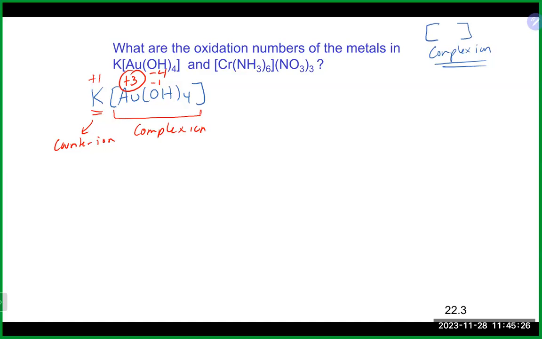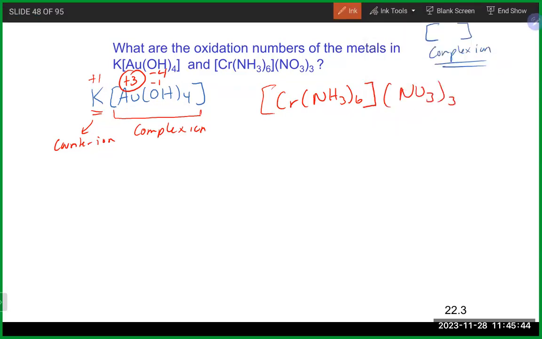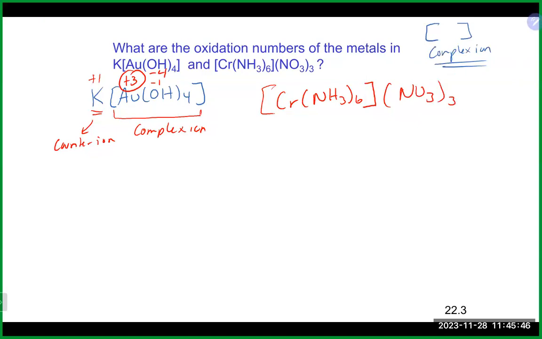Question on that? If we look at the next one here, we've got Cr(NH3)6 (NO3)3. When we look at this particular one, we'll start over here. Ammonia is 0, no charge, so though there are 6 of them, it's still 0.